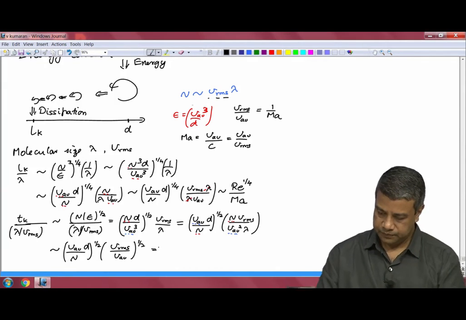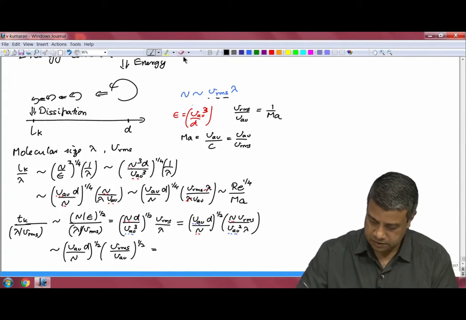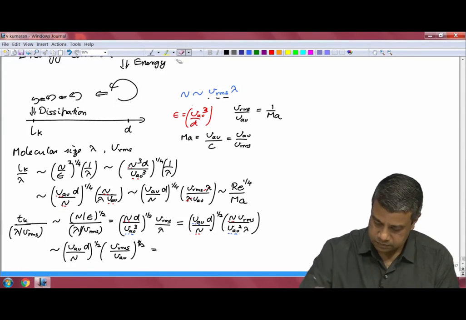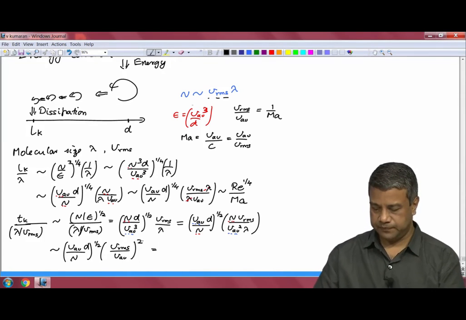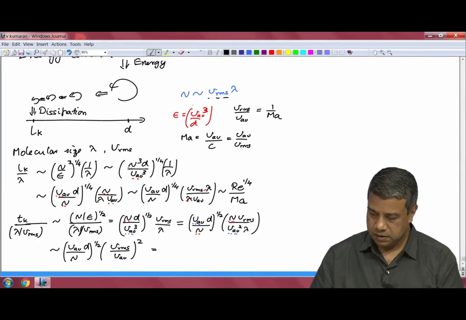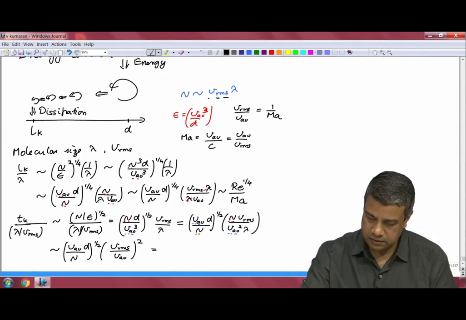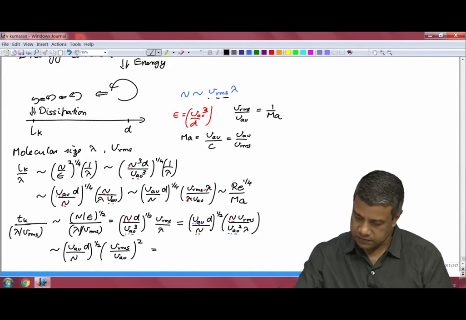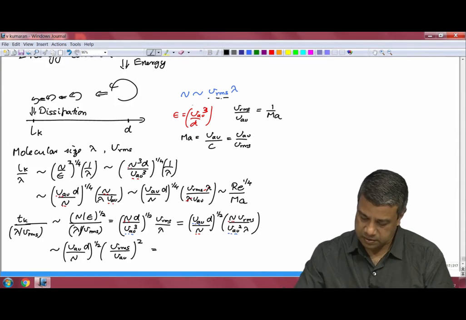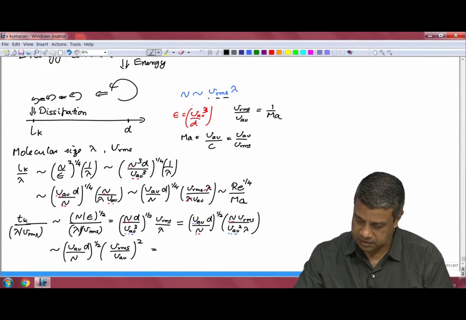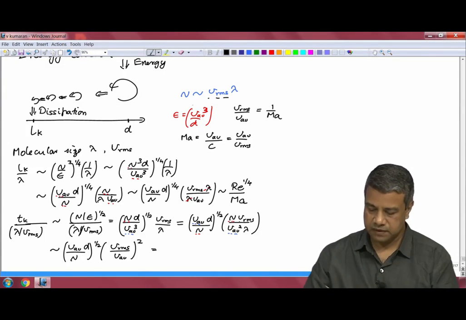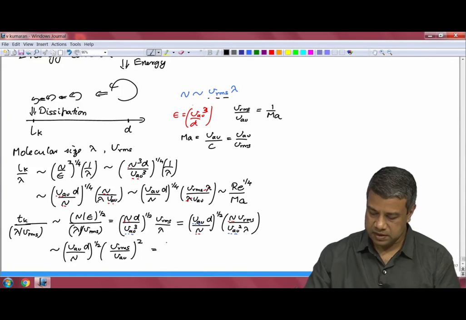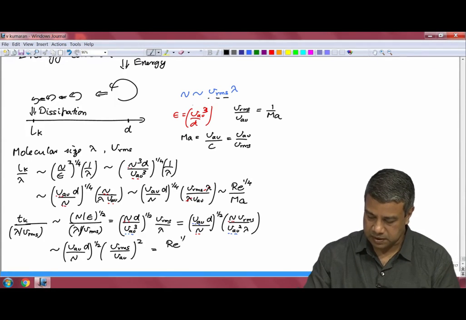I am sorry, there is no half here, the whole square. Note that nu is equal to Vrms times lambda. So, I substitute Vrms times lambda here. So, I will get Vrms square divided by V average square, and you can easily verify that this is equal to Re power half by Mach number square.